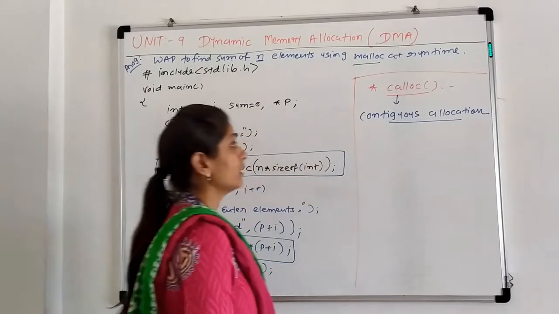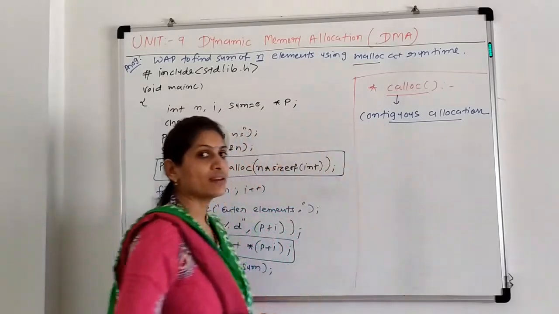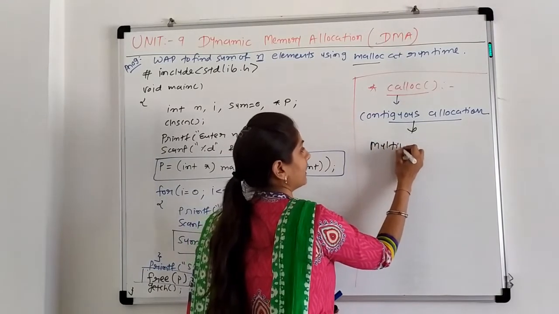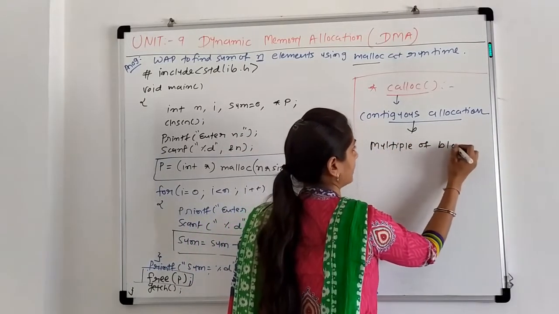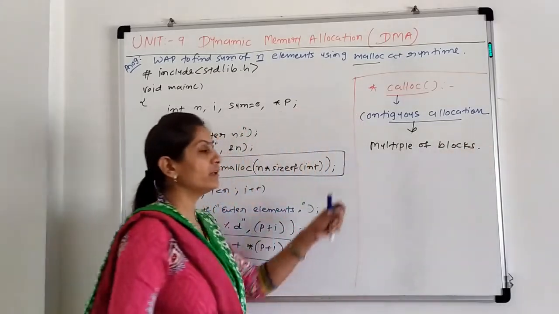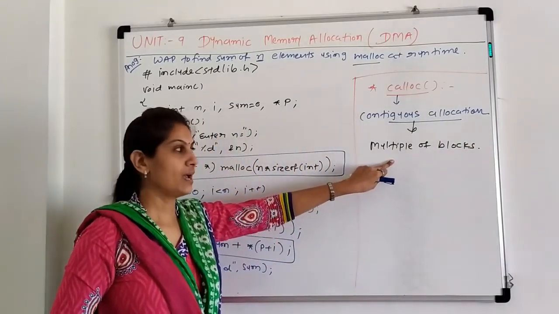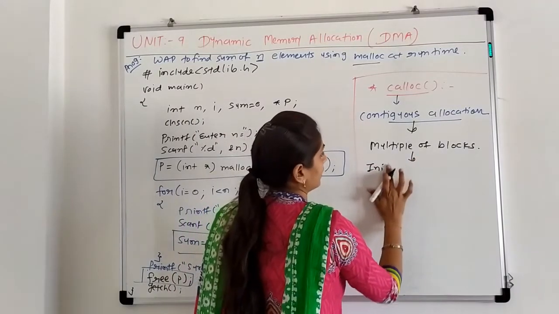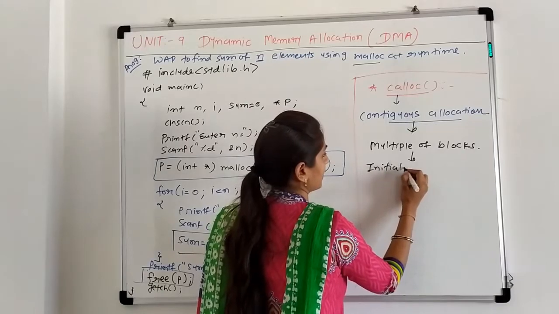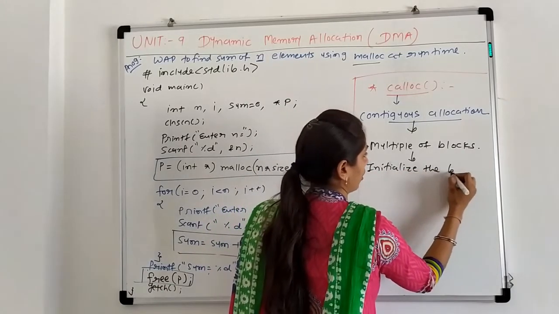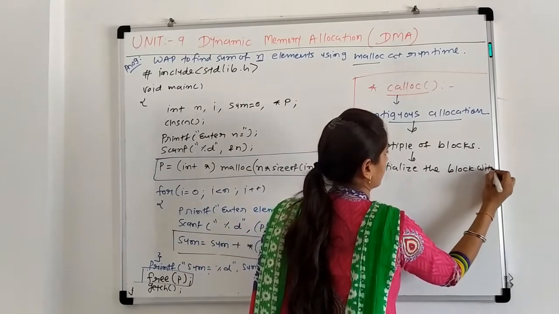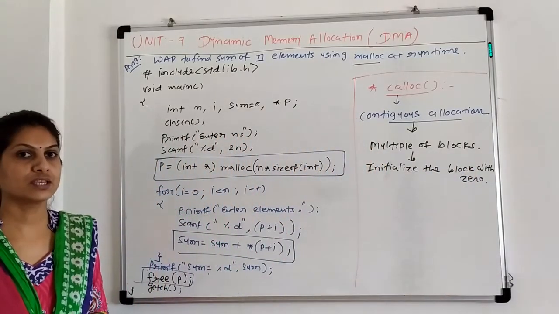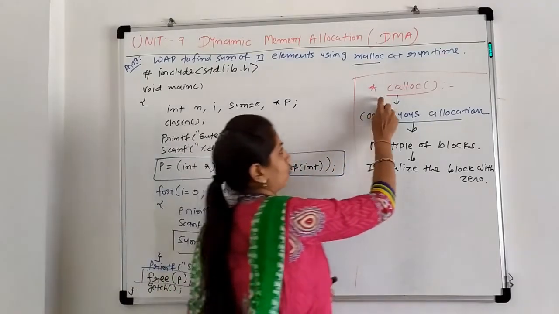Now this function allocates memory with not a single but multiple blocks of memory. It allocates memory with multiple blocks, and it initializes the blocks with 0. It initializes the block with 0 value. That is the calloc function.